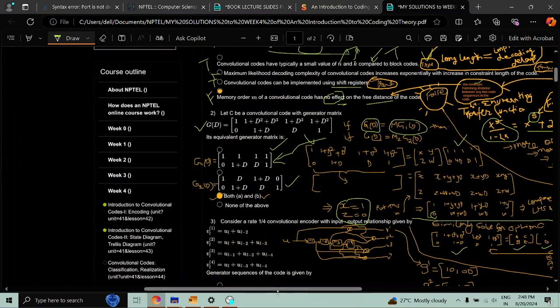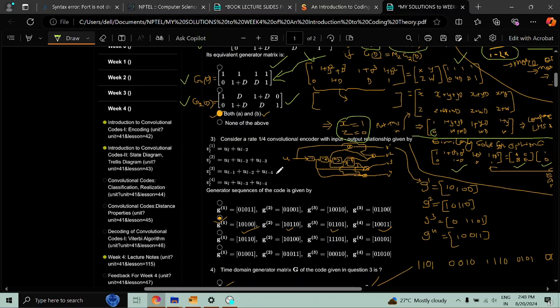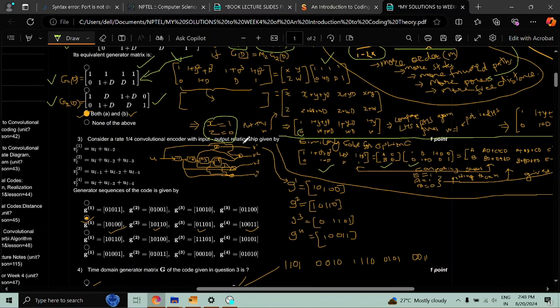That means both A and B are equivalent generator matrices of the given generator matrix. So all of these are actually equal. He says this is invertible if this is available.